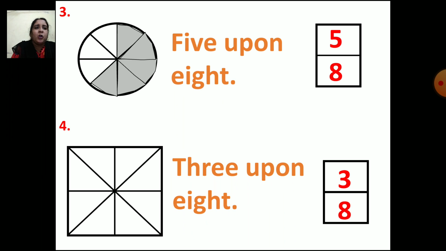And down 8. Now out of 8 parts, how many parts do you have to shade? 3 parts, right? Now how are you going to shade the parts? 1, 2, 3. How many parts have you shaded? 3 parts. And how have you written the fraction? 3 upon 8. So this is how you have to do the sum.